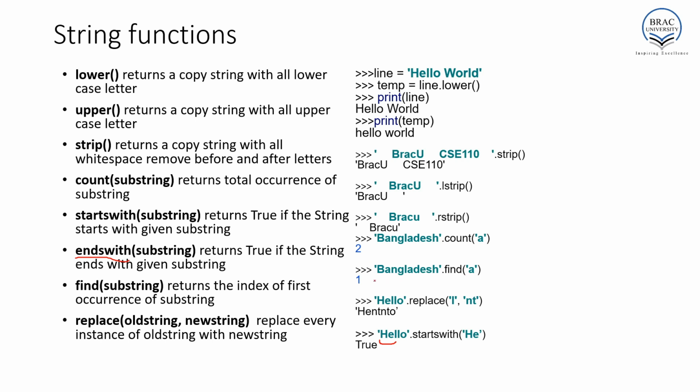If you remember string indexing, the first letter is 0, then it is 1, then it is 2, and so on. So find and then small letter a. As you can see, in the first index I have a small letter a. As the find function always returns the first occurrence of the substring, I am getting 1 in return, meaning I have a in the first position of the string Bangladesh.